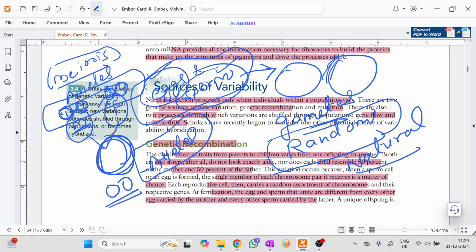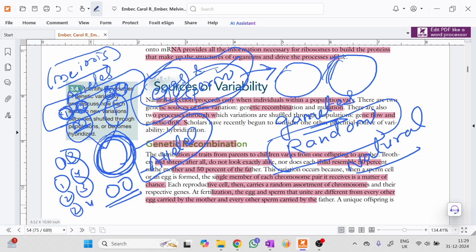Natural selection and the inherent DNA mechanism may select 1 and 3, or 1 and 4, 2 and 3, 2 and 4. So out of these four possibilities, any couple of alleles can be inherited.